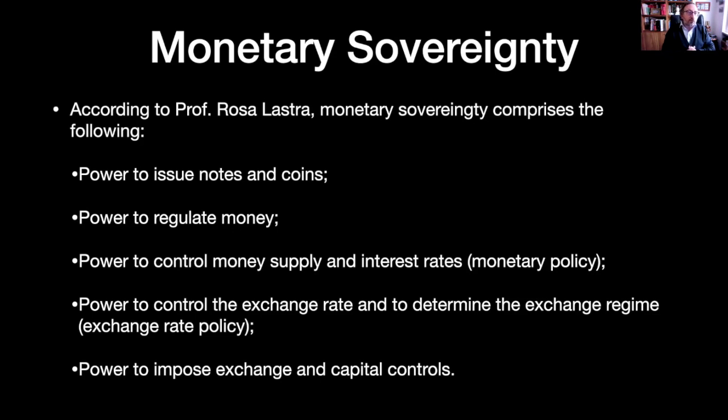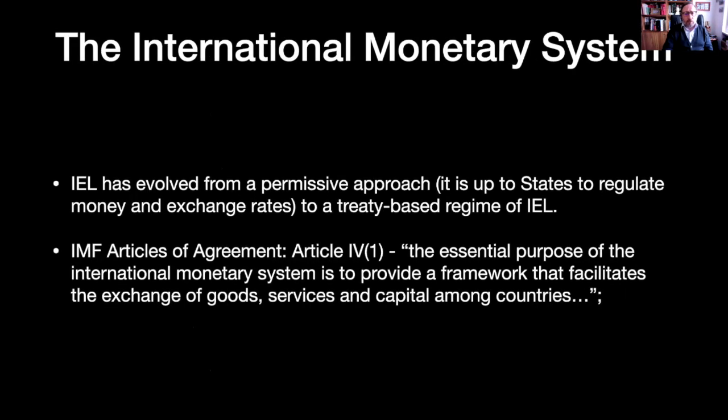Capital movements have particularly different macroeconomic impacts, and so they're typically seen as different from the forms of exchange that are connected with real transactions. So there's a distinction between exchange controls and capital controls, as we will see along this part of our program.